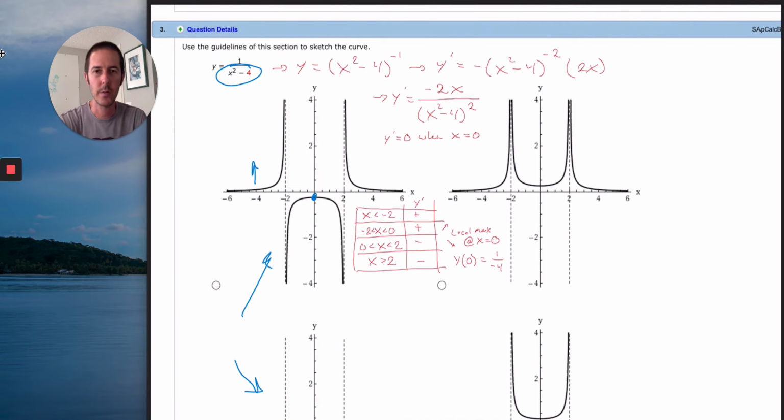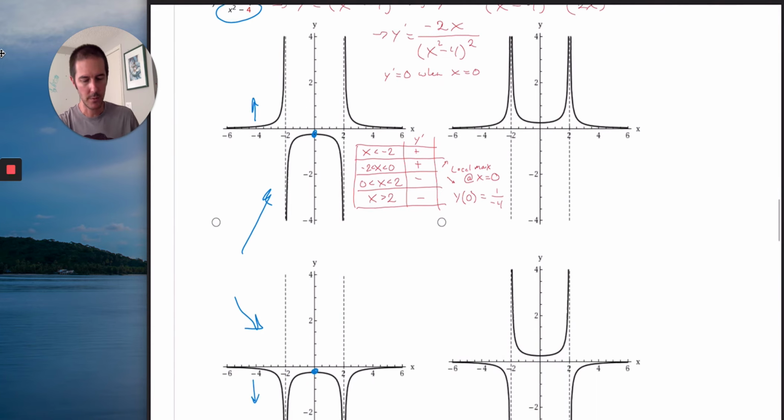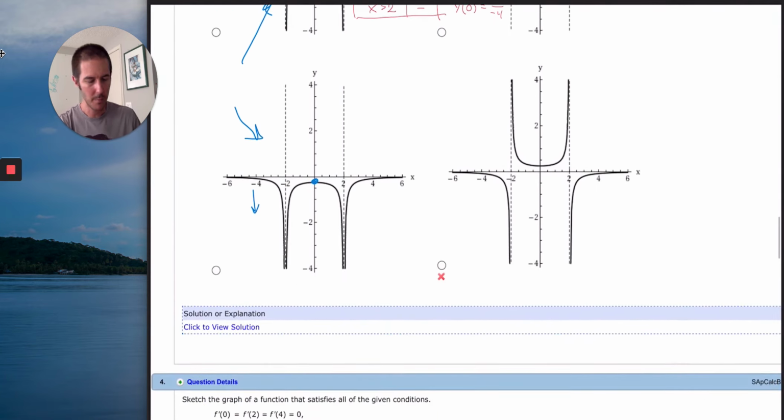And so those are going to be two of the reference points or reference values that you'll use to chop up your domain, your x values. So you'll be testing an x value that's definitely to the left of -2, between negative 2 and +2, and to the right of +2. And that's going to help you see concavity. Remember, if your second derivative is greater than 0, it's concave up. If it's less than 0, it's concave down.